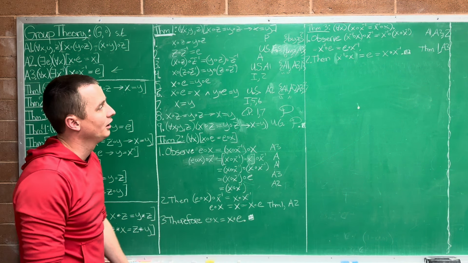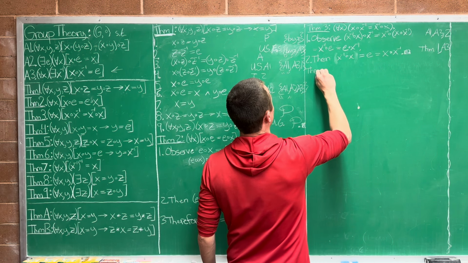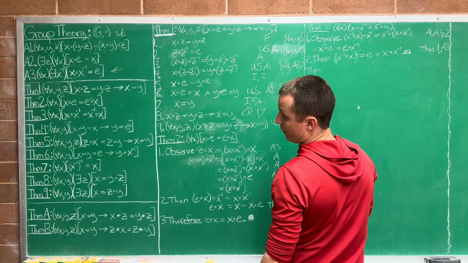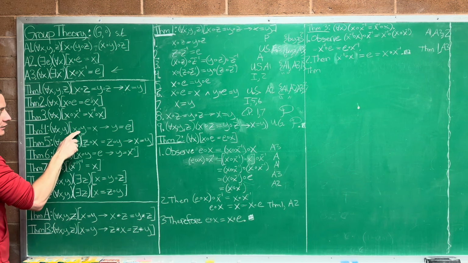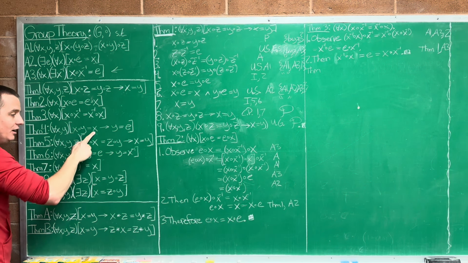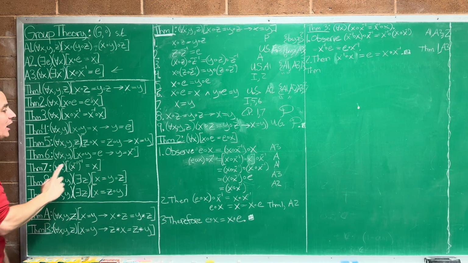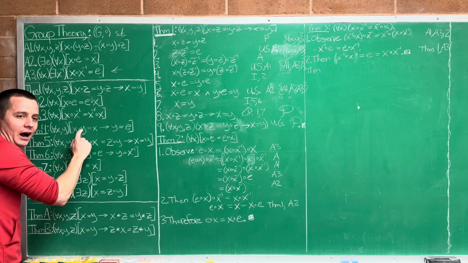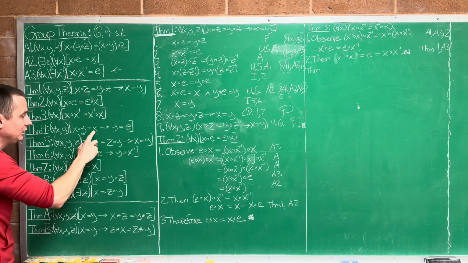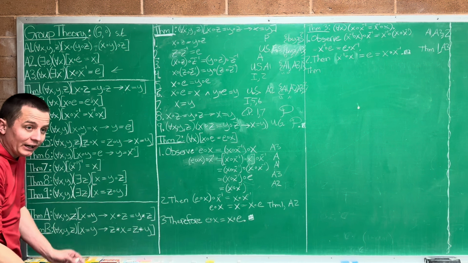Okay. So next theorem, what are we proving next? Theorem 4. We're proving that if x compose y is equal to x, then y was secretly our identity element. Or in other words, there's only one identity element. If you can find some other y such that when you circle with it you get back what you started with, then that y must have been identity.